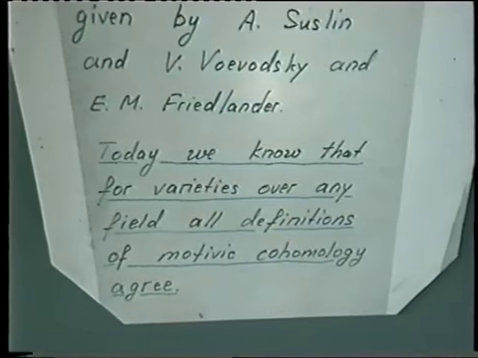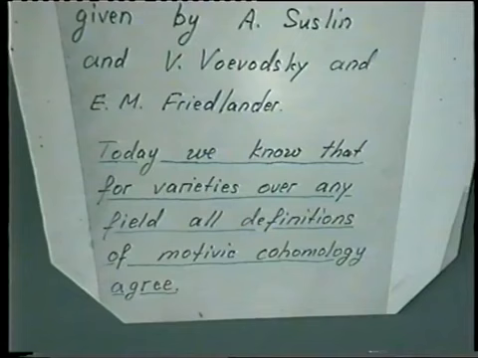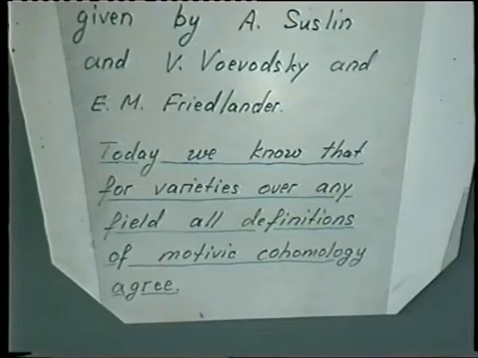So almost everything is clear, but not all. And this is the main point. Today we know that all the definitions of Motivic cohomologies which are supposed to agree do agree. So we do have one, or rather two, Motivic cohomology theories.